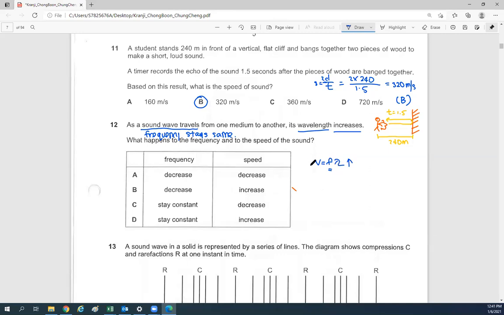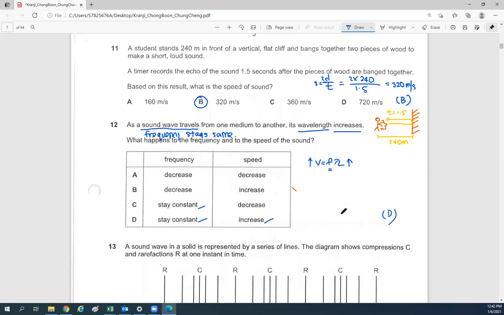So in order for the left-hand side of the equation to be the same as the right-hand side, if the right-hand side increases, it means that the left-hand side must also increase. Okay, so the frequency stays the same, the speed increases. So the answer is D.